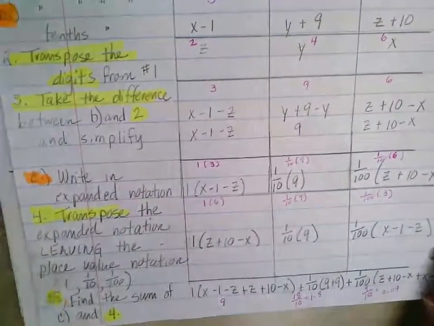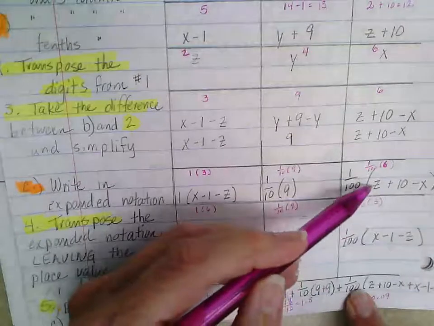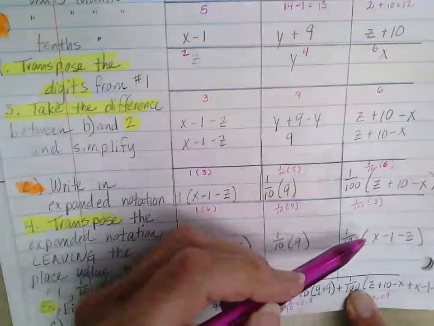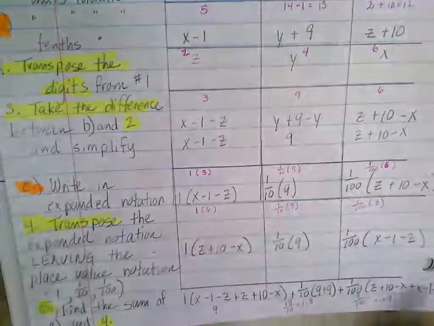And then my last one, I'm going to be taking 100th times the quantity Z plus 10 minus X plus X minus 1 minus Z.